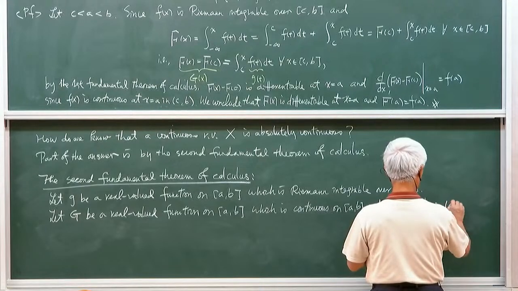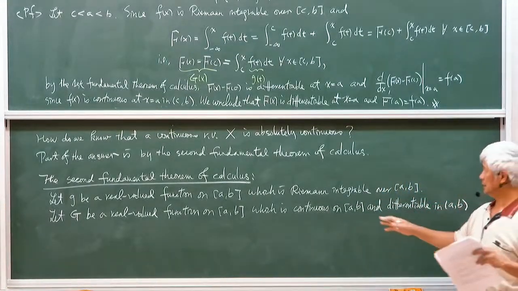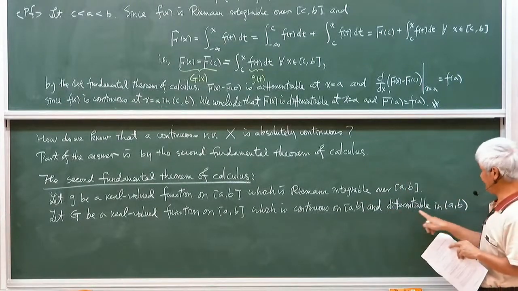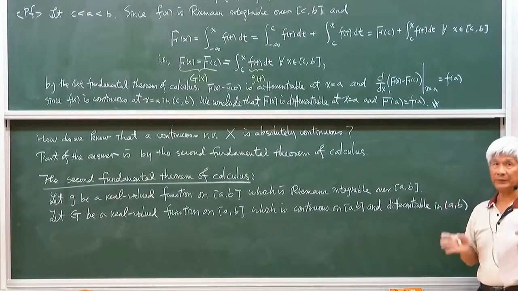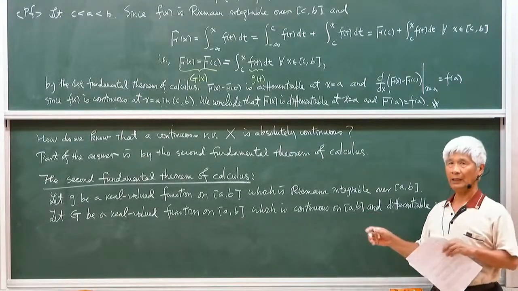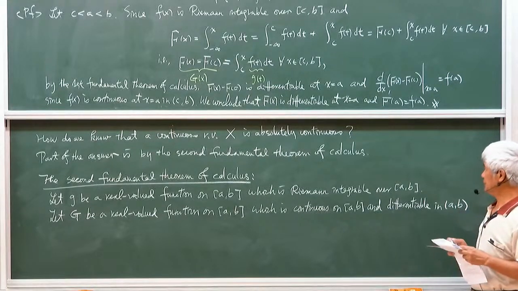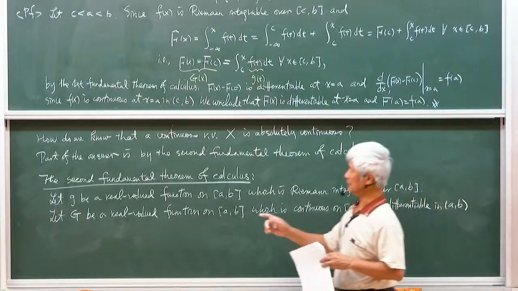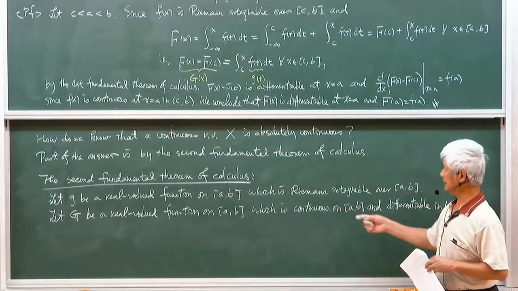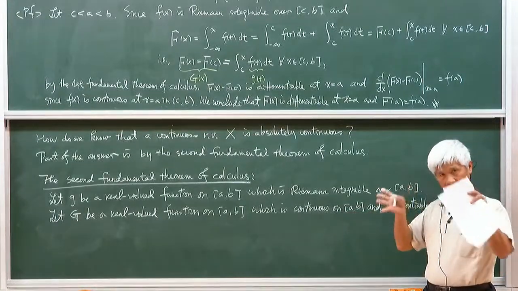Okay, so it is continuous on the closed interval, but only requires differentiable in the open interval. So we do not ask for the one side derivative of the big G function. We just need that G is continuous on the closed interval.